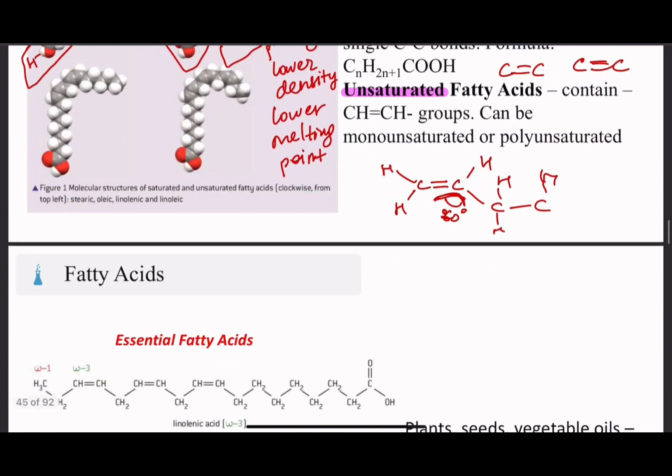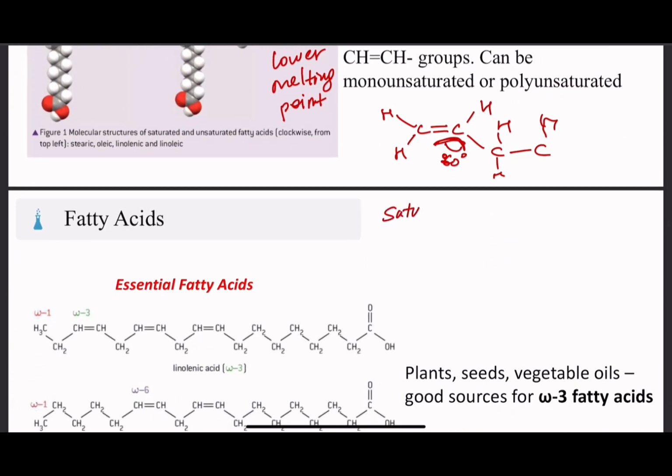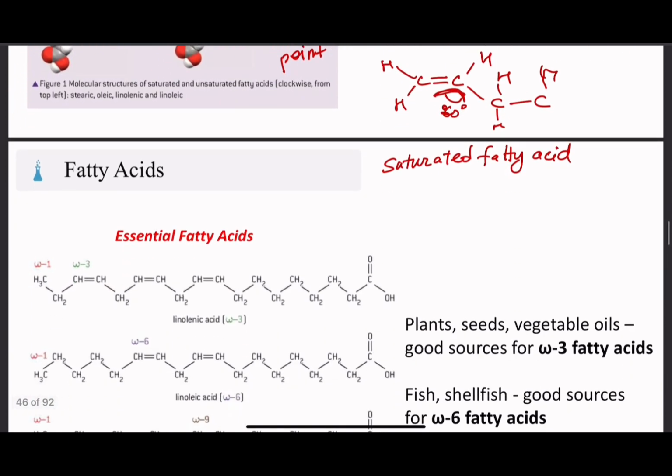And that's why when you have saturated fatty acid, most of the time they result in solid lipids such as butter.